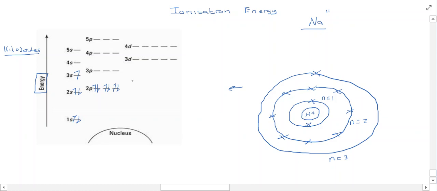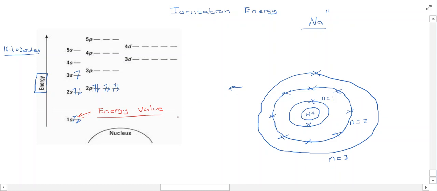Now, these electrons here will have a particular energy value associated with them.